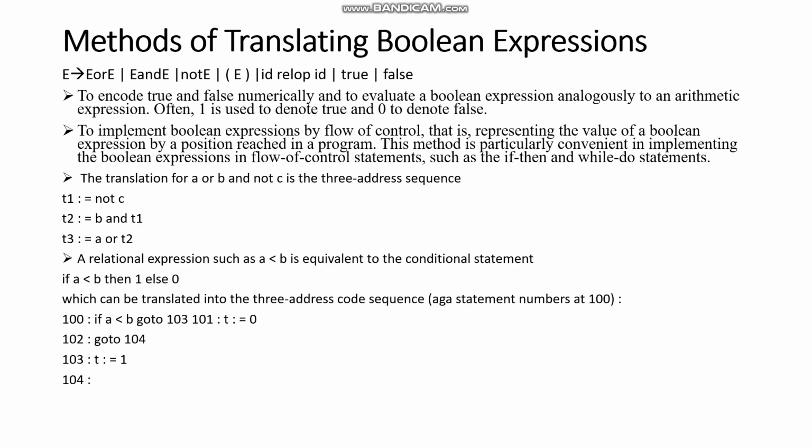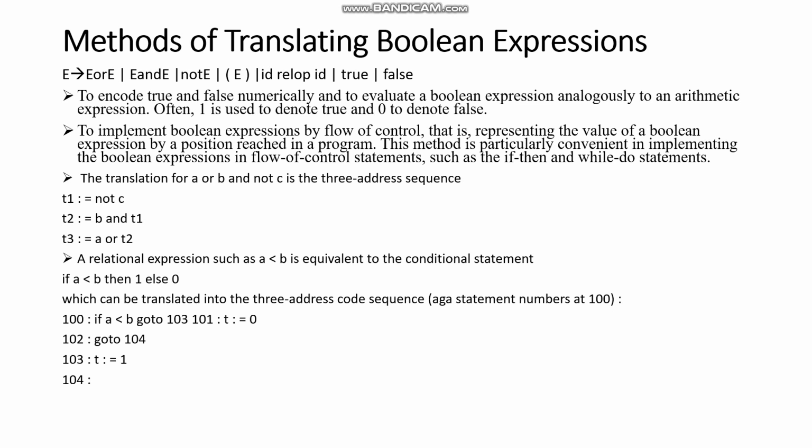Okay, next is the method of translating Boolean expressions. Now here we can see the assignment statements. To encode true and false, E gives me E or E, or E and not E. So what is this basically? It is conditional statements, type conversion with respect to Boolean expressions.